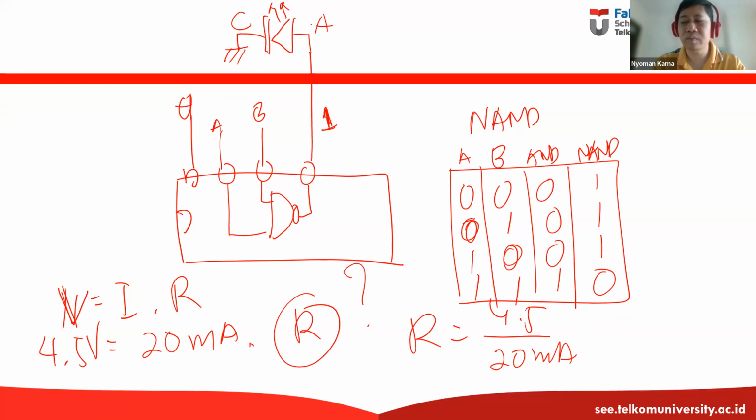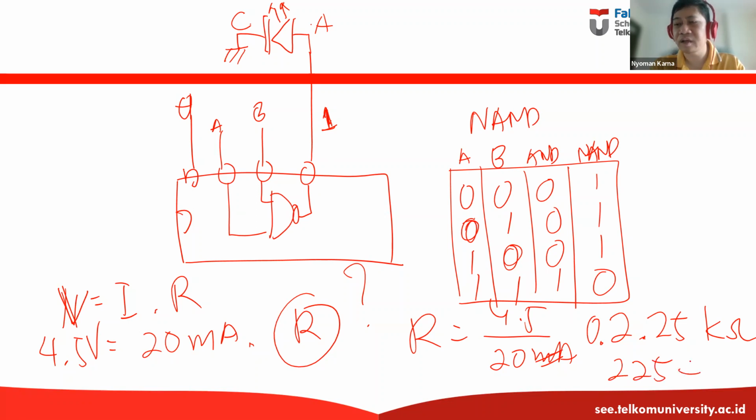So it's supposed to become 2.25, 0.225 kilo ohm because milliampere is kilo ohm, and then supposed to become 225 ohm.